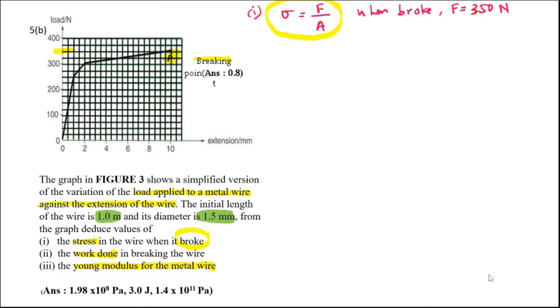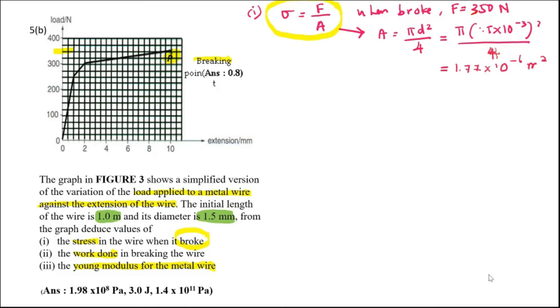If we substitute the force in the formula, before that the cross-sectional area is also not given, but the diameter is given. We can find the cross-sectional area by using the formula pi d squared per 4, and then we come out with 1.77 times 10 to the power of negative 6 meters squared.